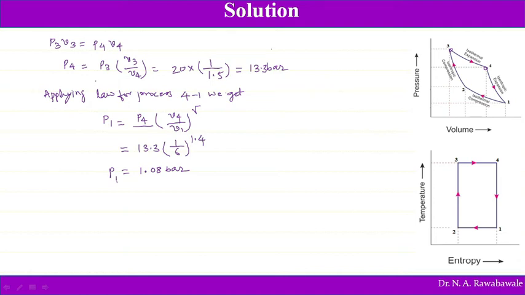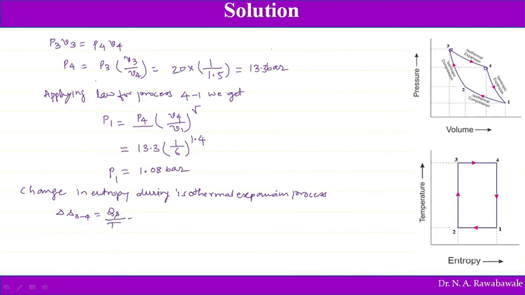Now to find out the change in entropy during the isothermal expansion process, we can write this as delta S 3 to 4 as heat supplied divided by the temperature.